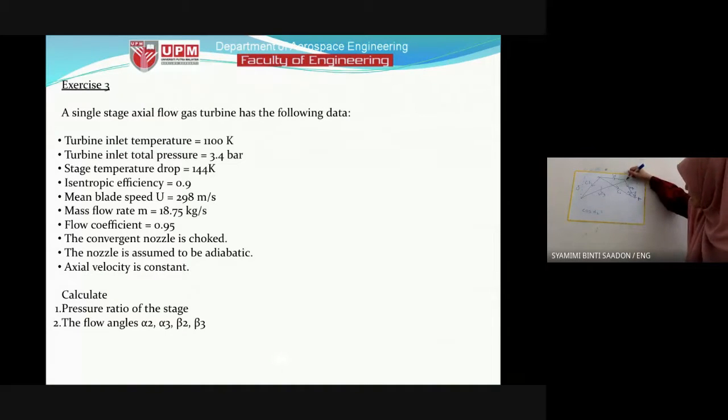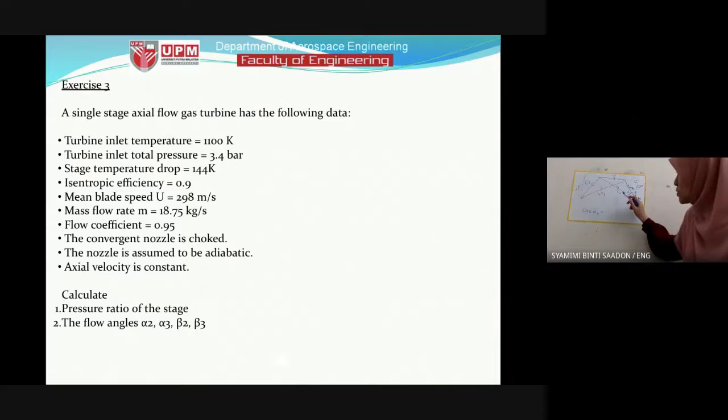Look at this triangle. Imagine a 90 degree angle here, only this triangle. We use cosine because this is CA2. CA is constant. So we know CA and we know C2. C2 we have calculated just now using the Mach number, using the choked convergent nozzle.